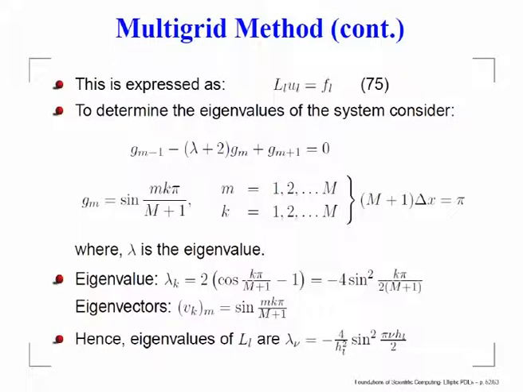And then if I look at any one line in this discrete equation, and I write the corresponding eigenvectors as G, this is nothing but minus G. So the diagonal term will be 2Gm, and then minus Gm minus 1, and this will be minus Gm plus 1.